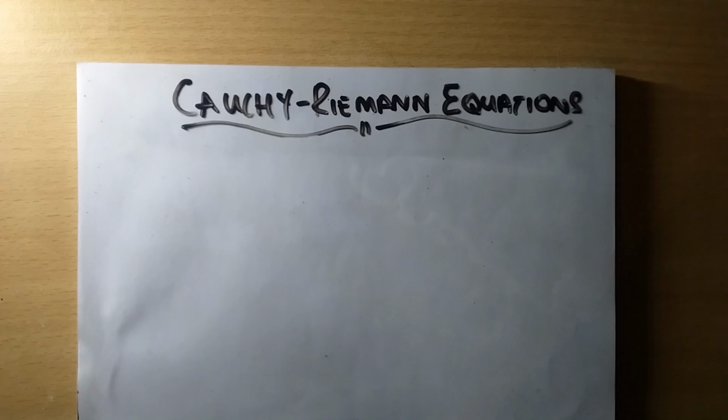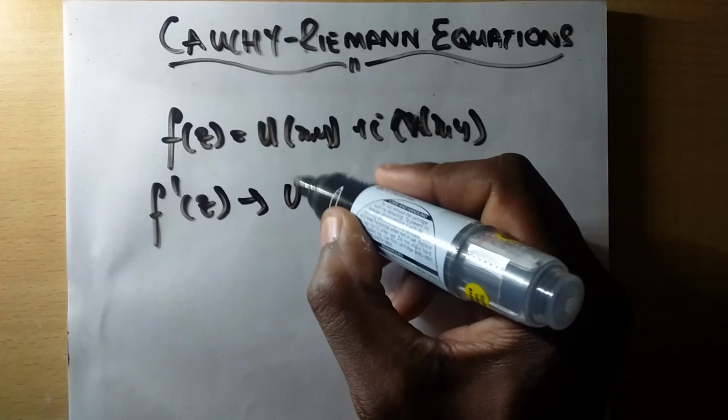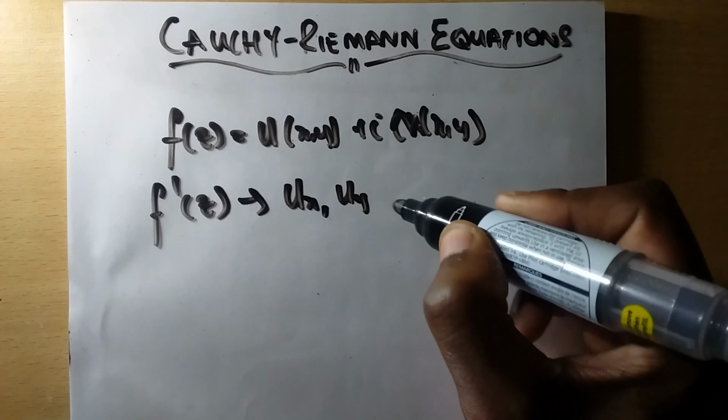This function has a derivative, and we are going to assume that this derivative exists. So if this derivative exists, then there must exist ux, uy, and vx and vy, which are just partial derivatives with respect to x and y.